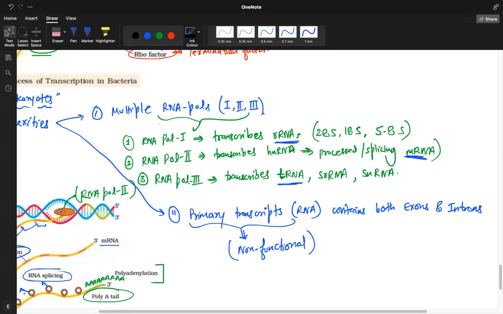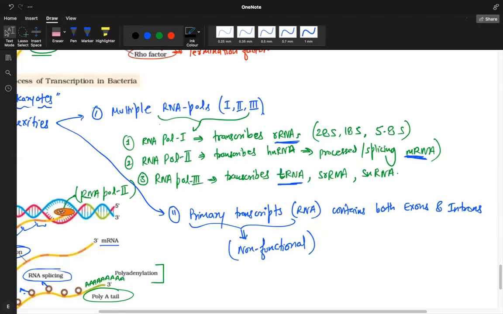Okay, so write down these two things. There are two complexities in the eukaryotic system.